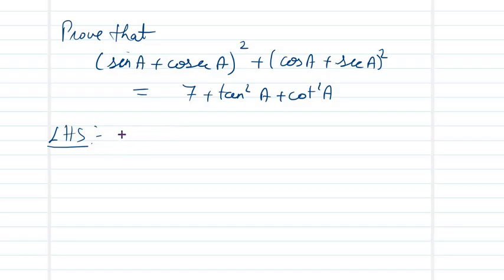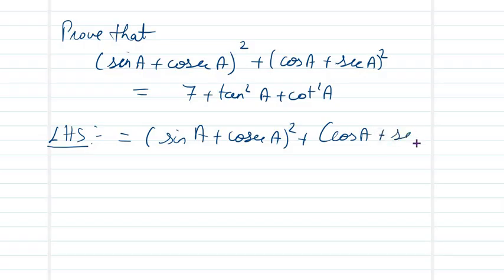The left hand side is (sin A plus cosecant A) whole square plus (cos A plus secant A) whole square. One more interesting piece of information about this problem is that each and every single ratio of trigonometry is present here, each only once in the question.